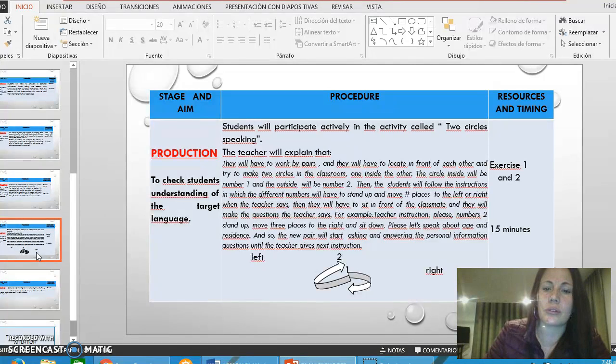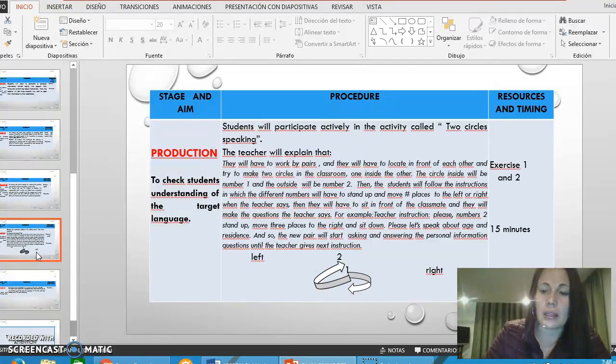They move 3 places to the right and they sit in front of a new classmate, and I say, please, let's speak about age and residence. I give them two aspects to speak about. And so the new pair will start asking and answering the personal information questions until the teacher gives the next instruction.